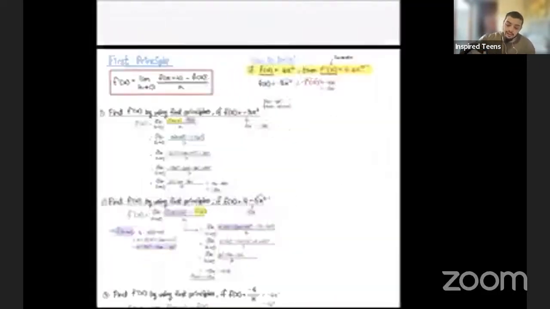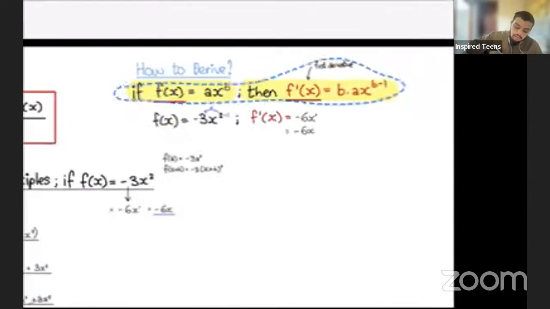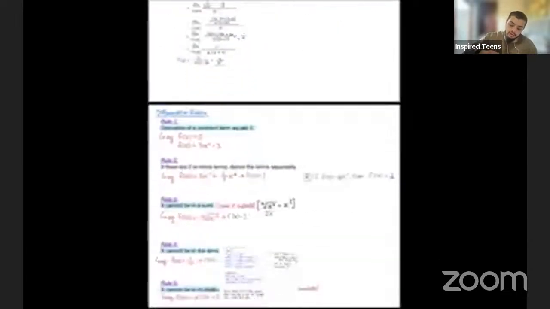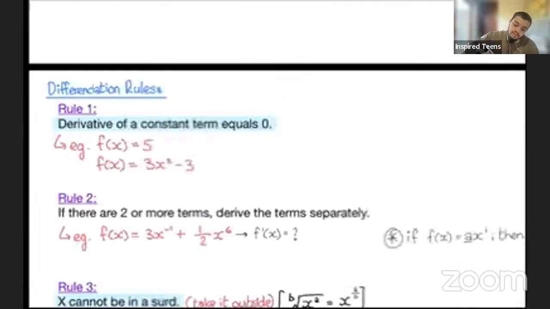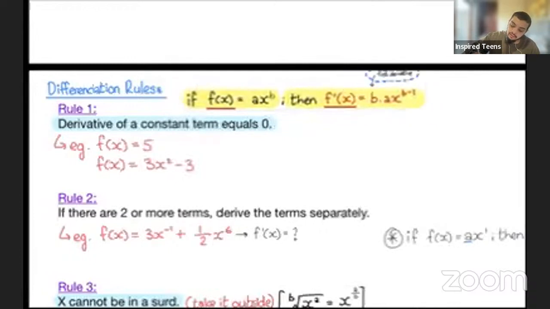Just keep in mind this. When we derive, this is how we derive. Let's take it over here. The differentiation rules apply for this, right? Let's maybe get rid of this.